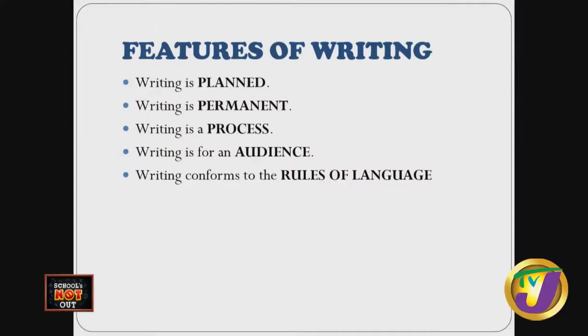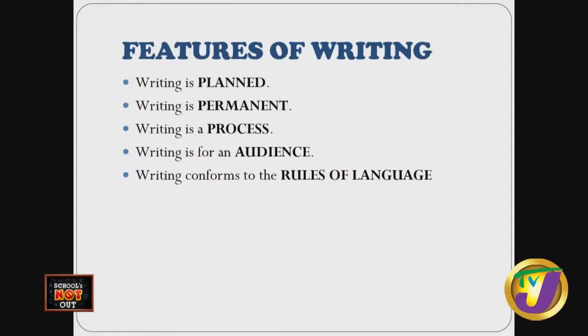And so when we write, we need to bear in mind that this will serve for centuries, decades to come. If you looked at the bottom of what I just read, that was from 2007. It's now 2020, and we still have that in writing. It is a process. So there are different stages to writing.